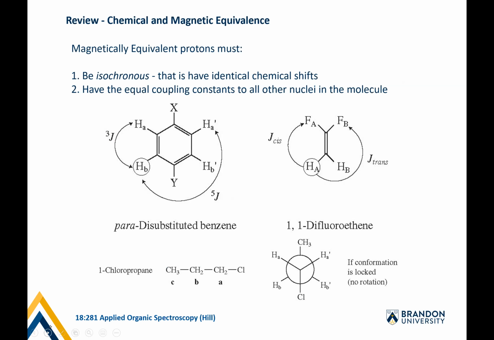And so when we were first talking about, say, an aromatic ring here, we had a substituent here, X, we had a substituent here, Y. And we would label this HA, and then over here, I'd label this HA primed, HB primed, HB.